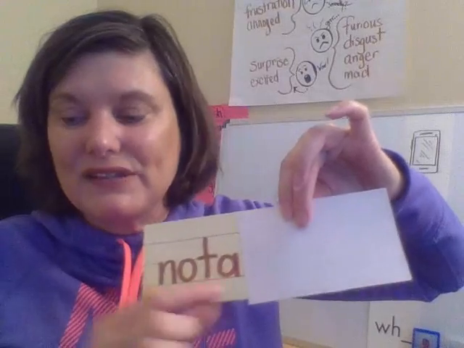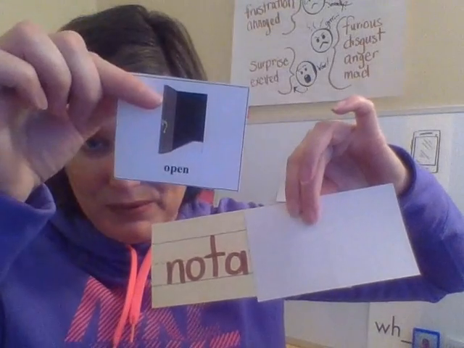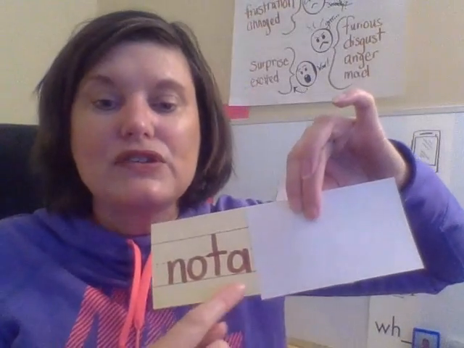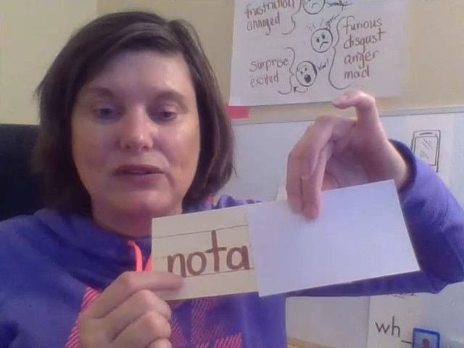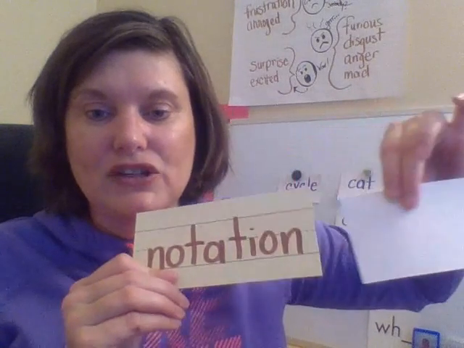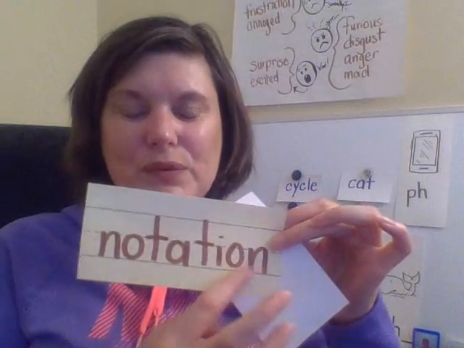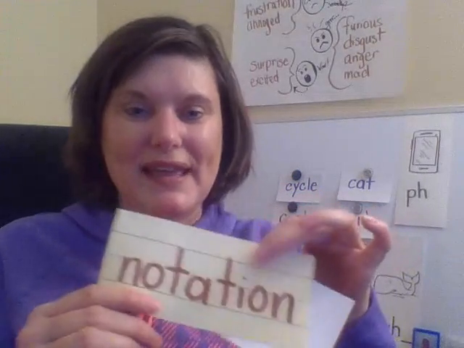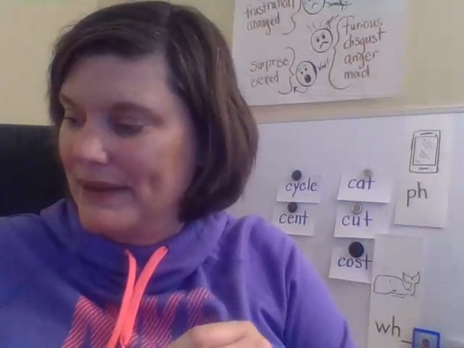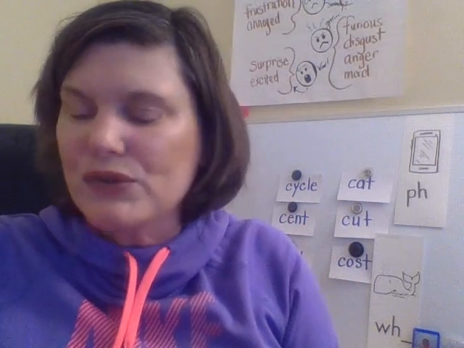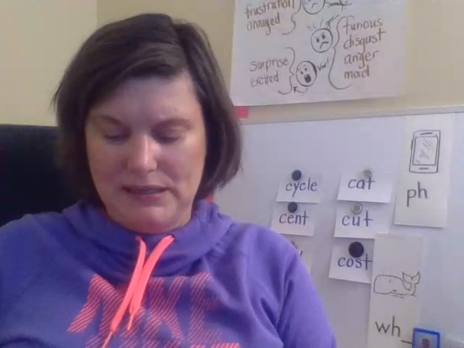Tay. This has to be tay because this syllable is an open syllable. So we know the A is a long A sound. No, tay, shun, notation. So do you see how, because we learned shun, how to say that, we can just do that automatically.